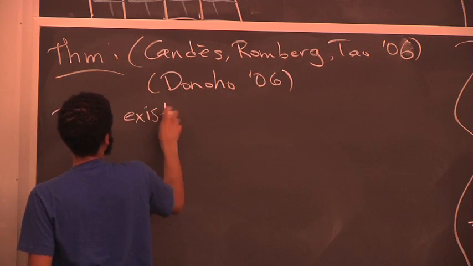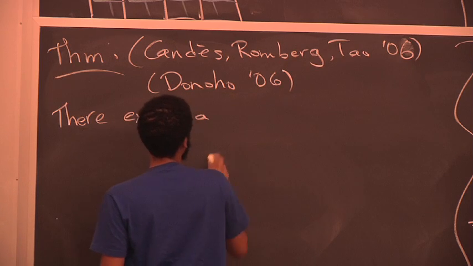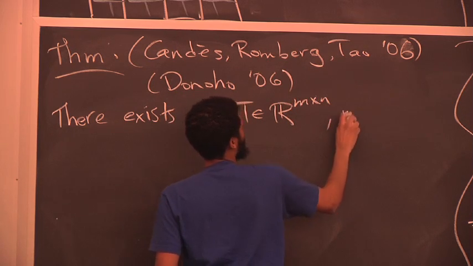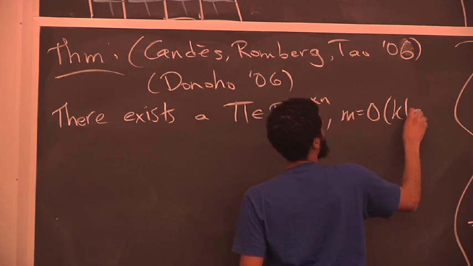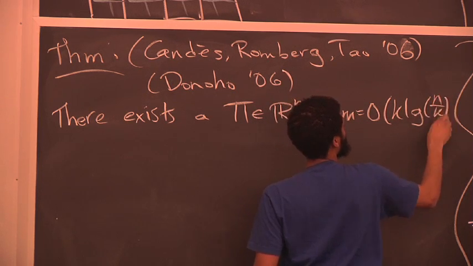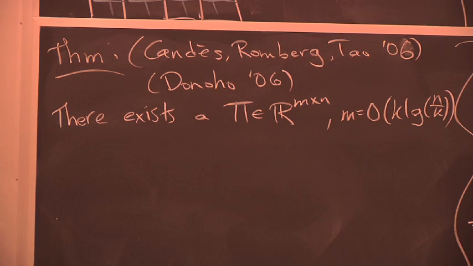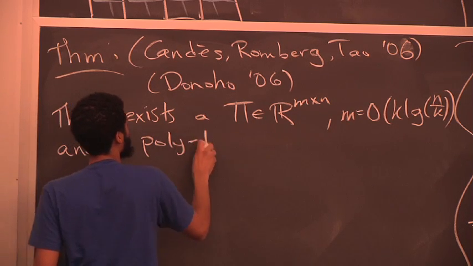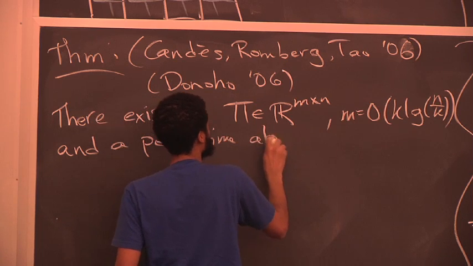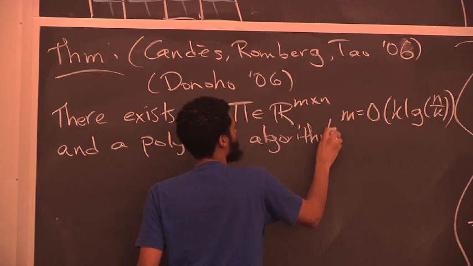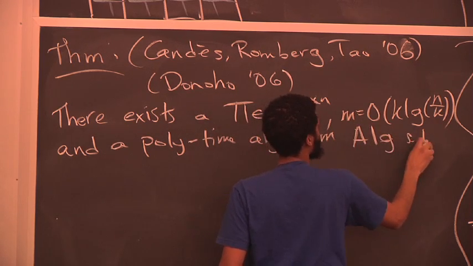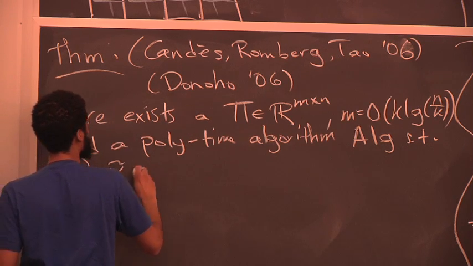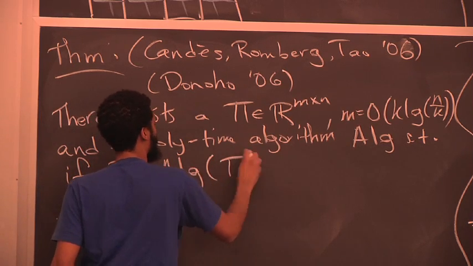There exists a Pi in R^(m by n), where m is something like k log of n over k, and a polytime algorithm, Alg, such that if x tilde is equal to the output of the algorithm on Pi x.